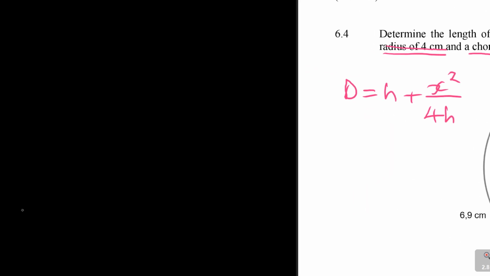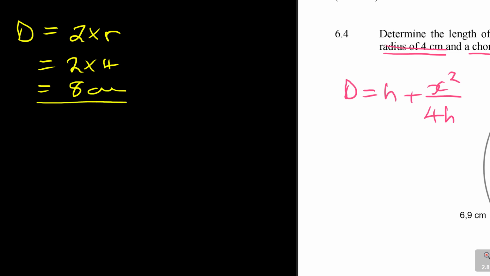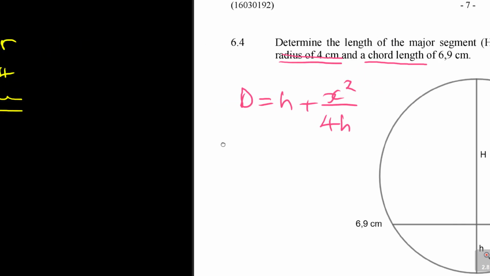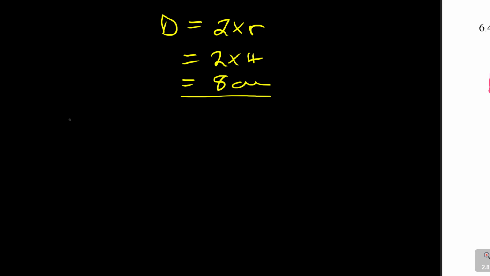Diameter is equal to 2 times the radius, which is 2 times 4. So my diameter there is 8 centimeters. The second part is to take this formula, D, and I'm going to do it here because it needs a little bit of work, D equals h plus x squared over 4h.